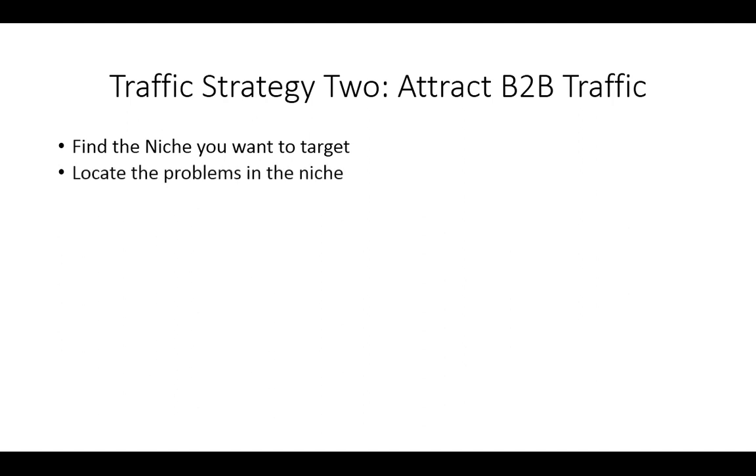And then what you want to do, just as you would do in any case, if you were creating an information product, if you were trying to find customers, if you were trying to find clients, is find the problems in the niche. Now, your job is to be a little more anonymous than you would be if you were looking for customers, but you do want to find out what it is that people are talking about. What are they concerned about? What are they trying to solve?